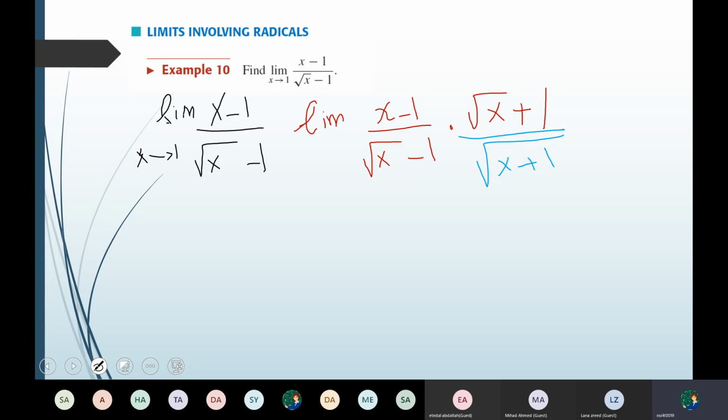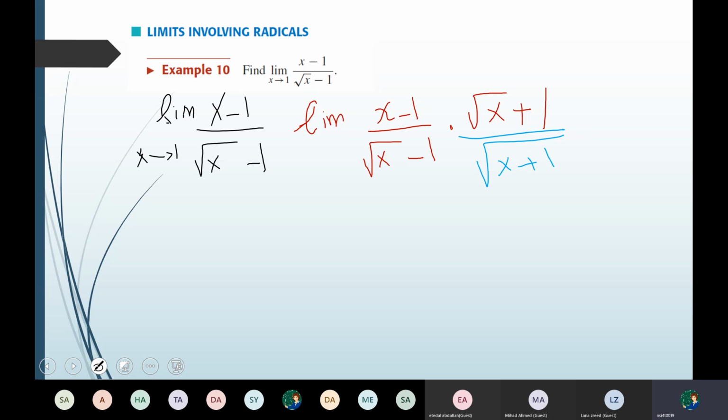Here we have square root of x minus 1. I just multiply by square root of x plus 1 over square root of x plus 1. It's like multiplying by 1, I didn't make any change.